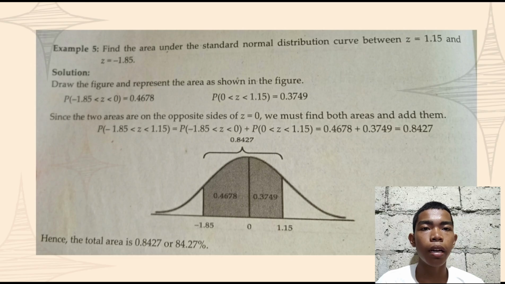Since the two areas are on opposite sides of z equals 0, we must find both areas and add them.